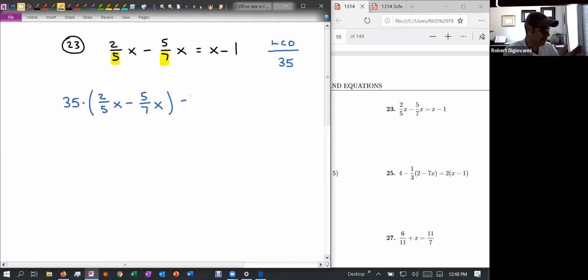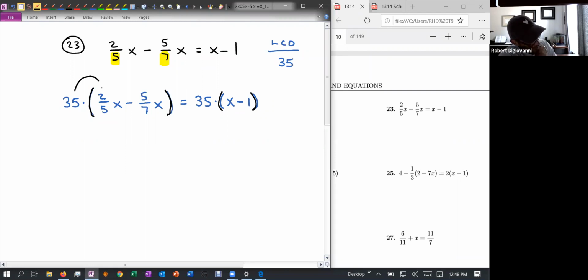And whatever I do to the left-hand side, I must do to the right-hand side. So I'm going to take 35 and multiply it times the entire right-hand side of the equation. And notice that I put the left-hand side and the right-hand side of the equation in parentheses. I did that because if I'm going to multiply by 35, everything has to be multiplied by 35, everything.